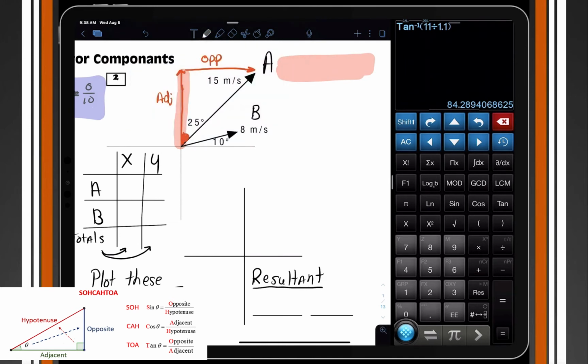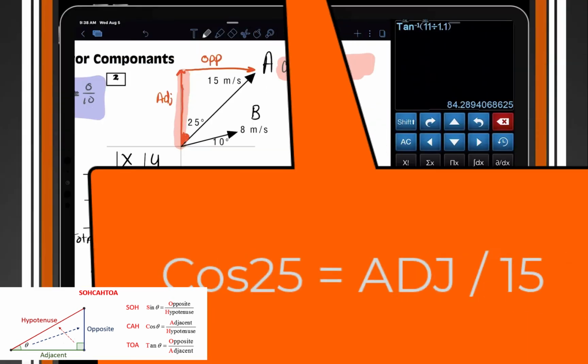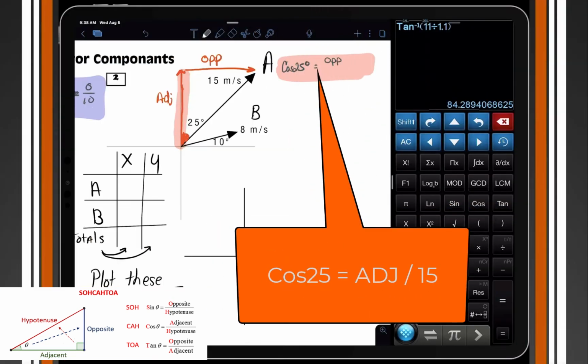We'll go with cosine 25 degrees equals opposite. I don't know what that is. And then our hypotenuse, I didn't label this, shame on me. The hypotenuse will be 15. So we put this into the calculator.